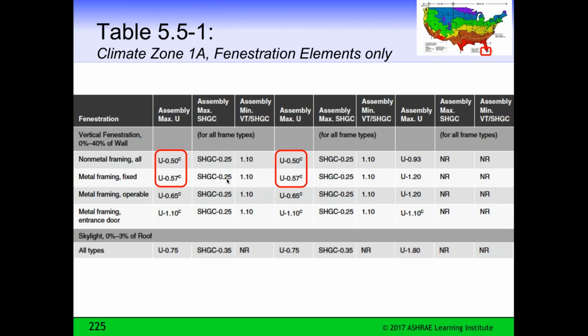Then here's climate zone 1. And what I've done here is highlight with a red border those factors that have changed from 2013 to 2016. So we can see that in climate zone 1A, the U values have changed.